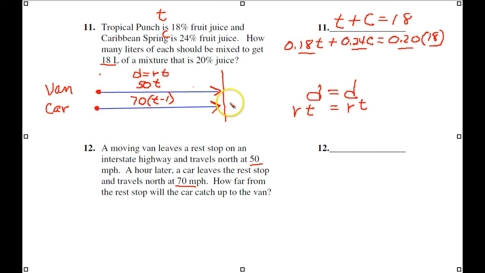So the van's rate will be 50 times t, because we don't know the time. But for the car, its rate is 70, and its time is 1 hour less, because they left 1 hour later. So its amount of time is going to be 1 hour less.